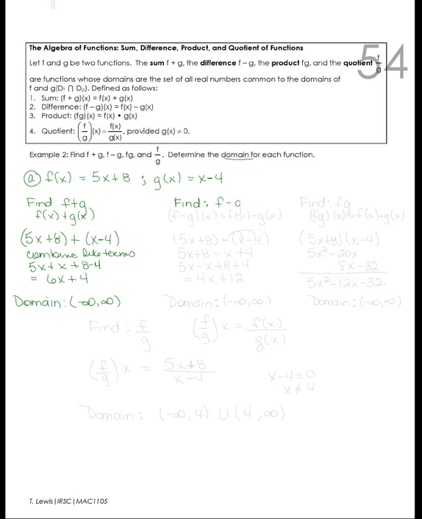All right, next one, we're going to find f minus g. Okay, f minus g of x, f of x minus g of x. So here we go. We're subtracting 5x plus 8 minus x minus 4.